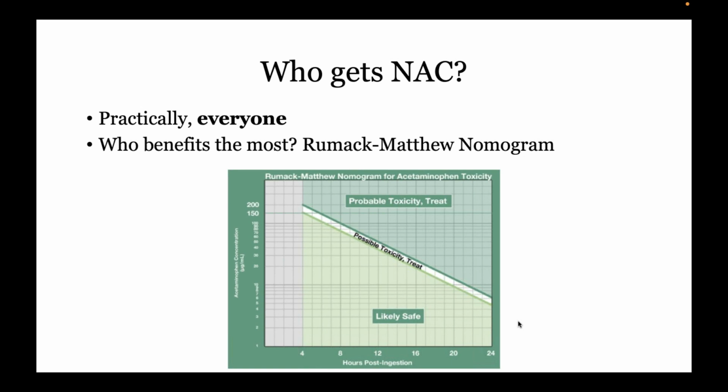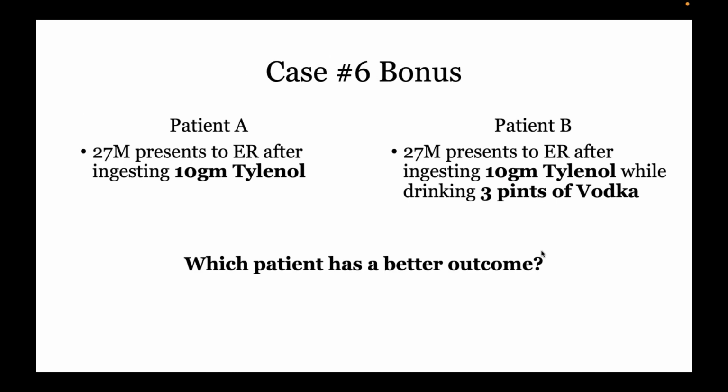They said people above this line probably have very high toxicity, and so they moved the line a little bit down to make it safer, and said treat these and don't treat those. This is what we call the Rumack-Matthew nomogram. You can use it to say maybe you don't use NAC, because NAC is a lot of volume you're adding to the patient. If somebody has heart failure or something, you want to avoid volume, then you can use it to triage who gets it and who doesn't.